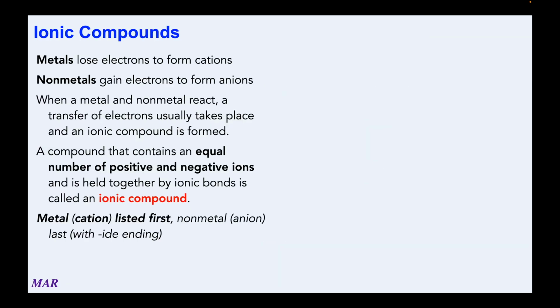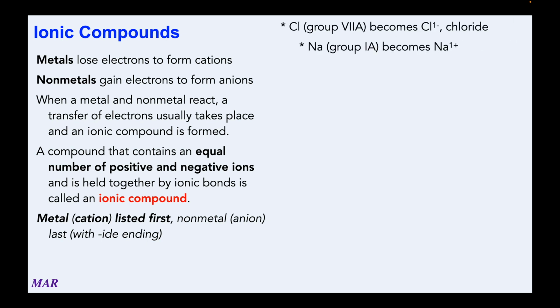So when you have an ionic compound, you have metals that have lost electrons and nonmetals that have gained electrons. And to make an ionic compound, you have to have equal positive and negative ions. And when you're naming the ionic compounds, it's metal first, followed by the nonmetal IDE ending second. And these aren't usually too bad as long as you know what the respective ions are.